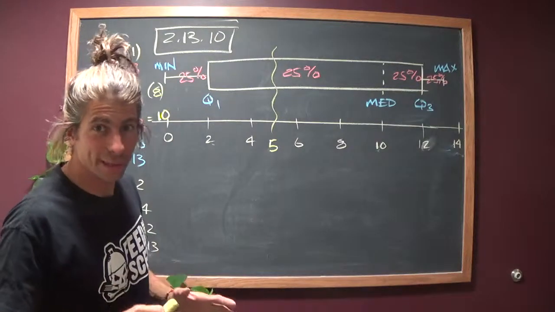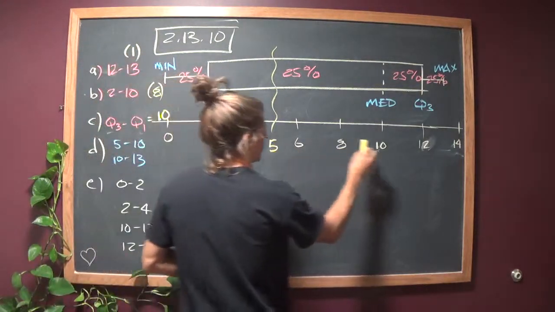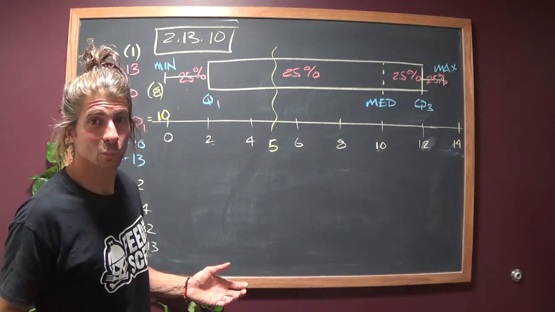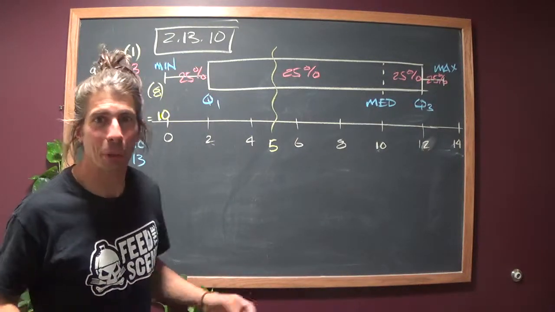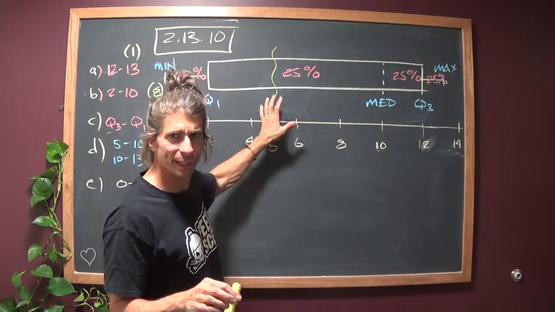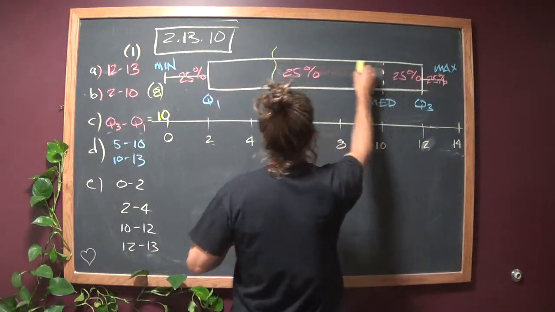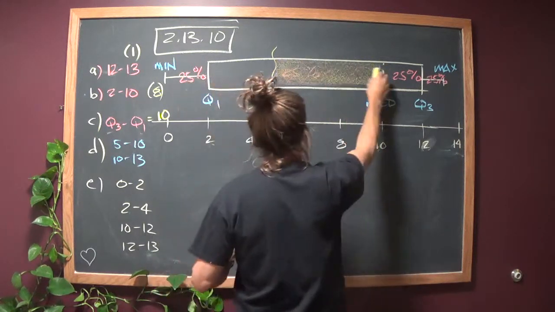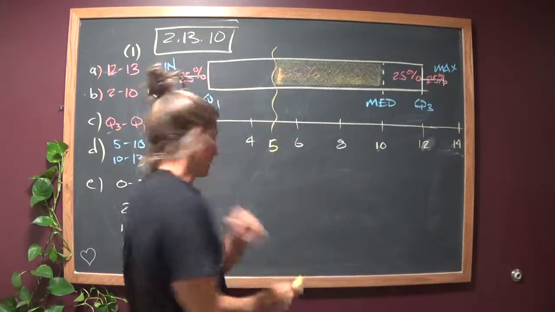What percentage of data lies between 5 and 10? We don't know. So let's come back to that for a second. All we know is that it would be this range right here. That's the range of data between 5 and 10.